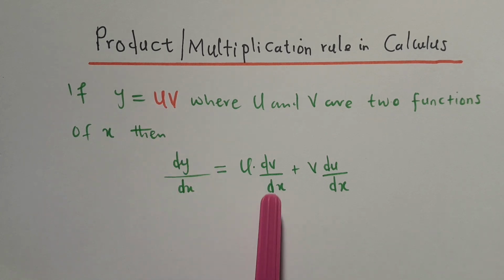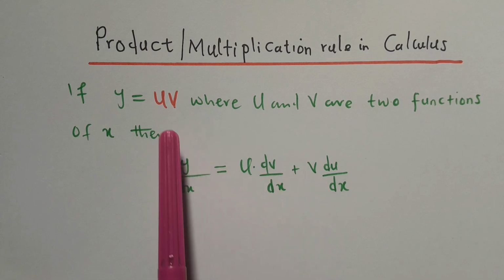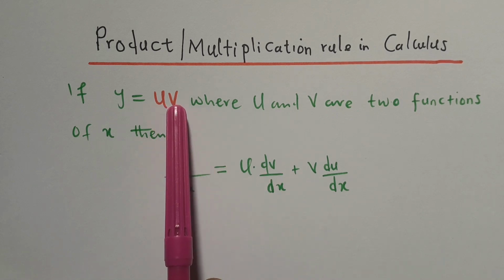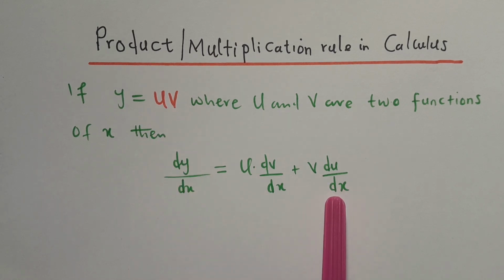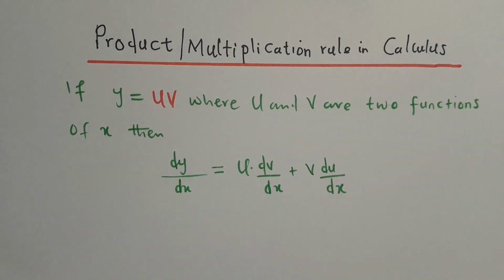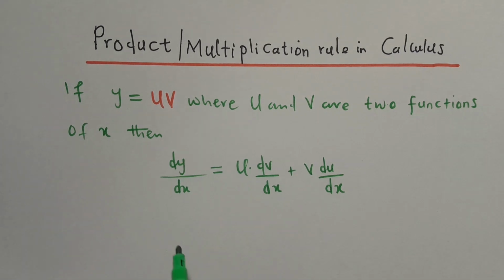with respect to u and phi, which are functions of x, will be: keep the first function and differentiate the second one with respect to x, and then keep the second one, that is phi, and differentiate the first one with respect to x.